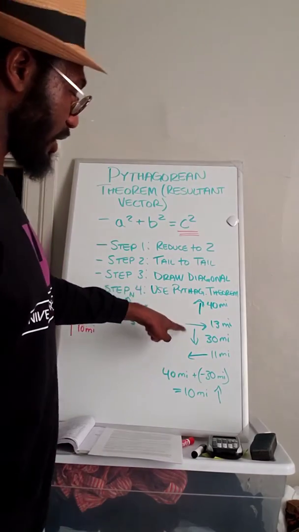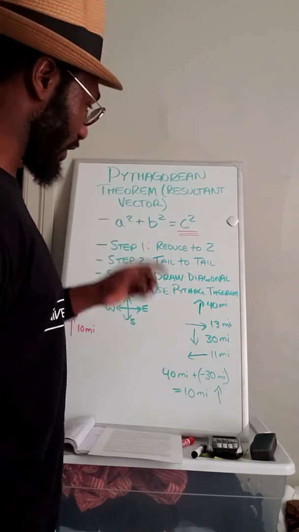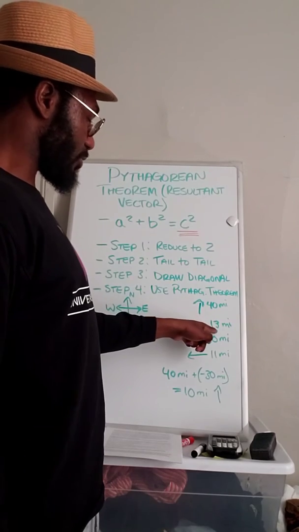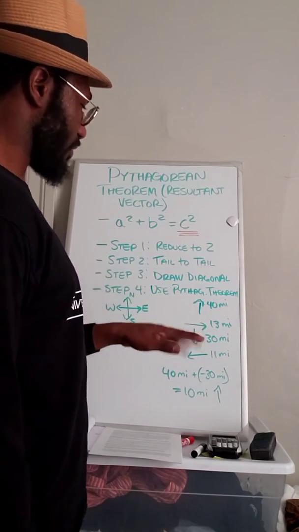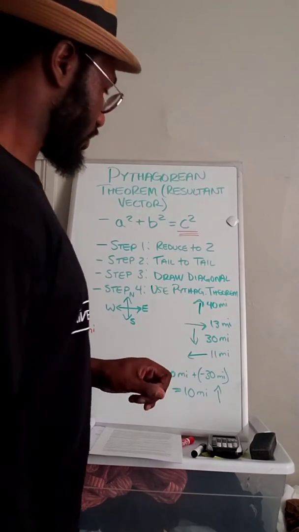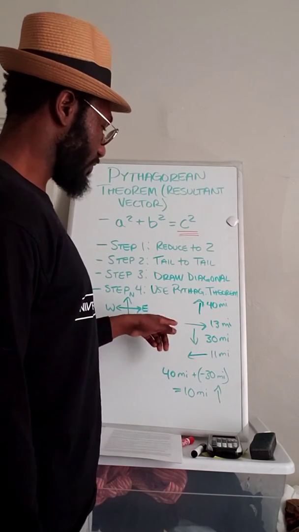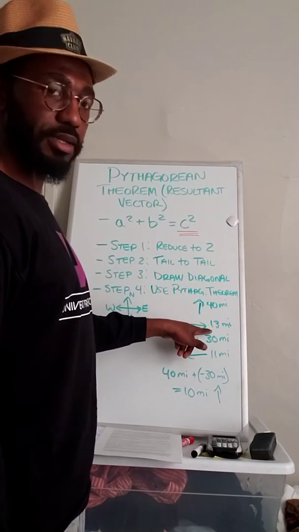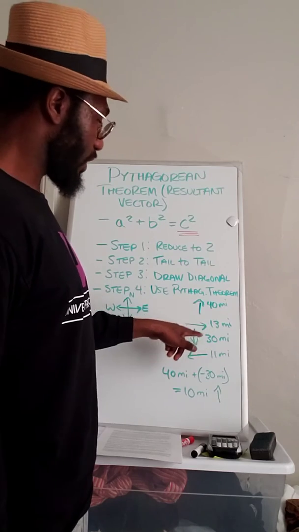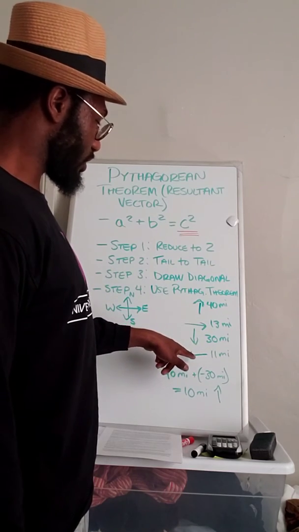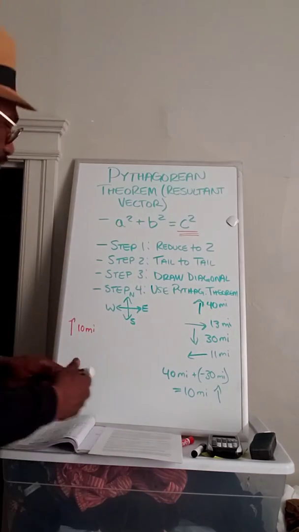Now let me go ahead and combine these two. So I'm going to say east is positive. Actually, let me flip this around, well, actually, I'll keep it that way. So let's say east is positive because it's 13. And let's say west is negative, okay?